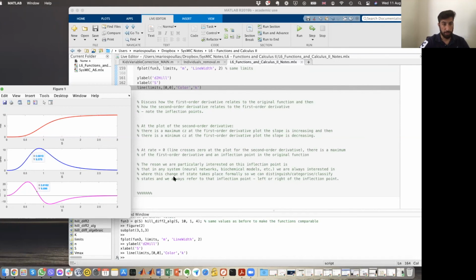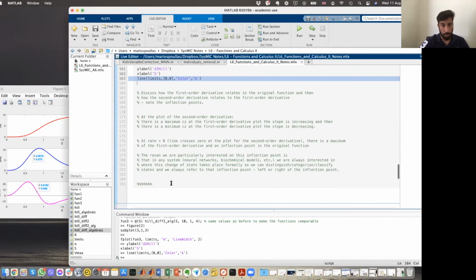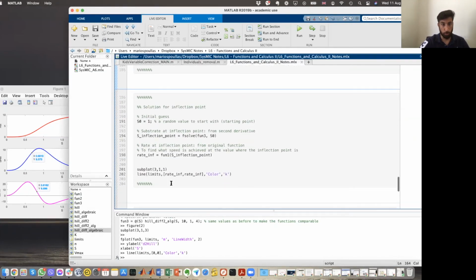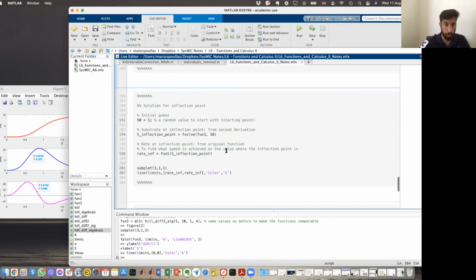And in the next section here, we try to find the solution for the inflection point and see what the value of this inflection point is. We do that by using fsolve.